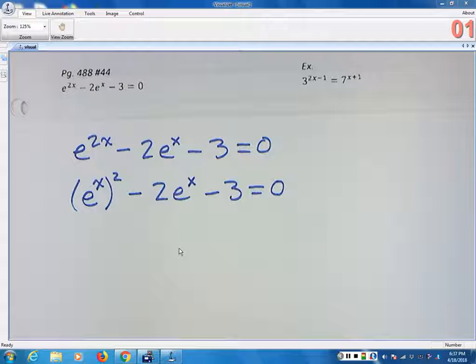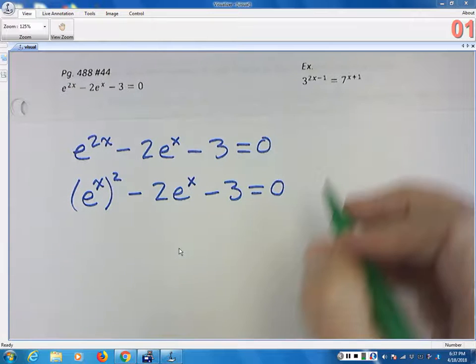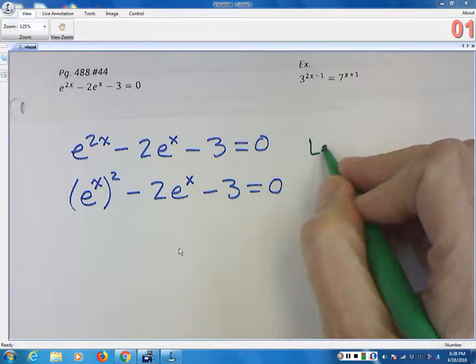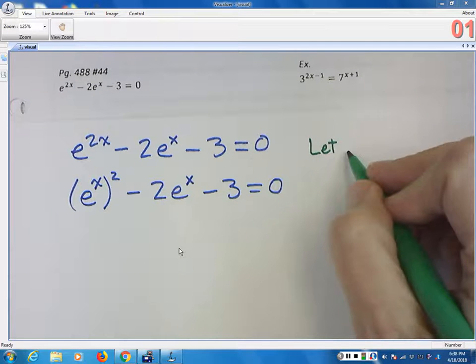Have you ever tried to factor anything like this? No. So if it helps you to see the factoring, you can make a simple substitution, and we'll do that a lot, especially in calculus. If you can see it without doing the substitution, you don't have to substitute.